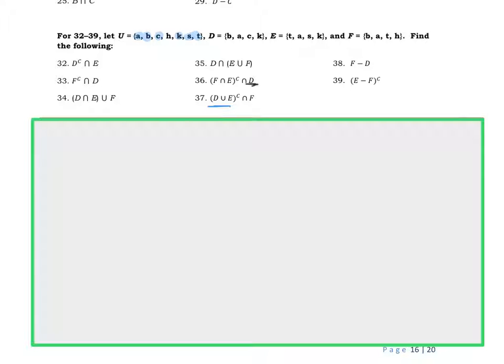All right, number 38, we want the difference of set F and D. So I'm going to start out writing the elements of F, and then minus D, so I'm going to take away the B, the A, and it doesn't even have a C and a K. So what we're left with there is the T and the H.